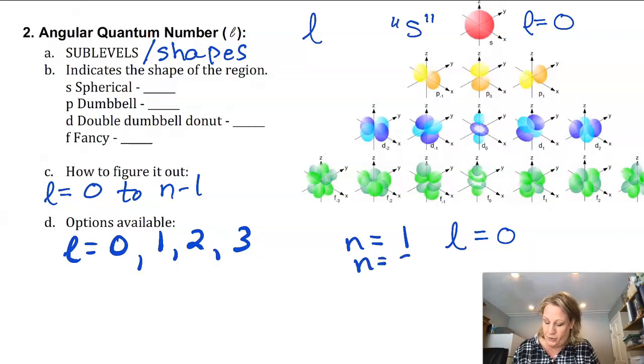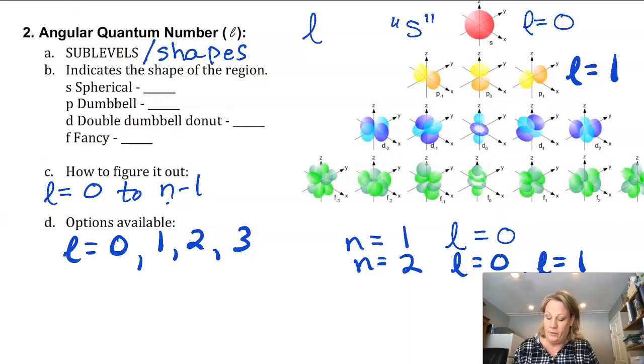If n equals 2, then we still have l equals 0, but we also have 2 minus 1, so l equals 1. When we have l equals 1, we have the p-shaped sublevels.